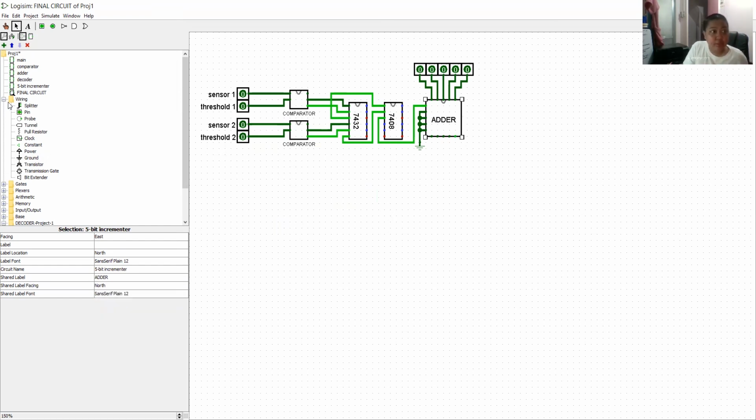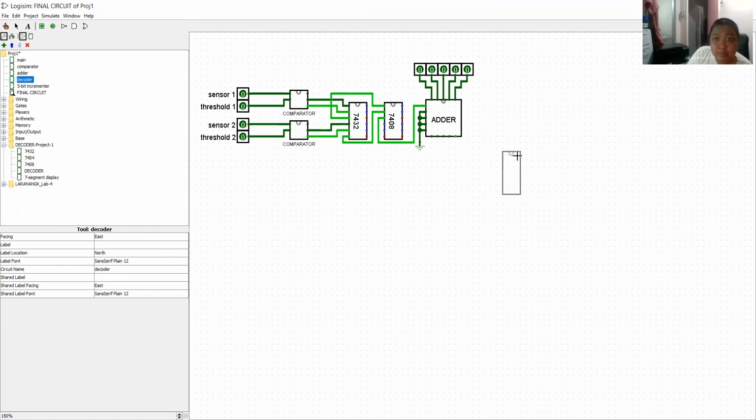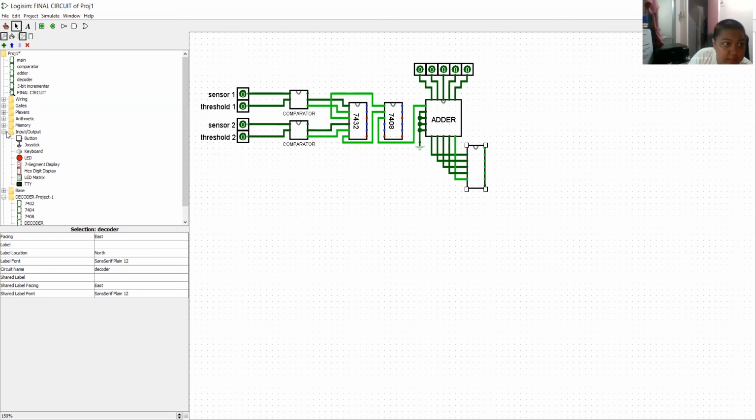Other, and let us now use the decoder. And let us put the 7-segment display here.